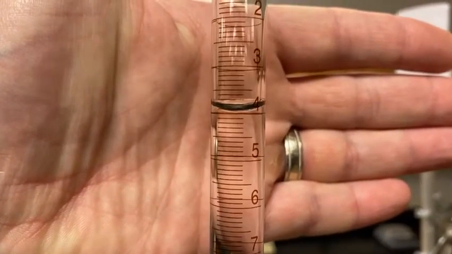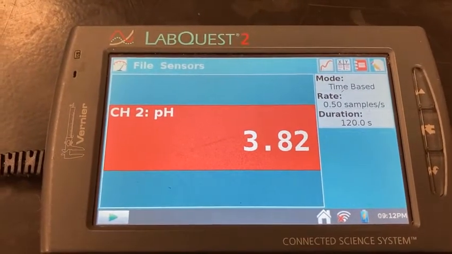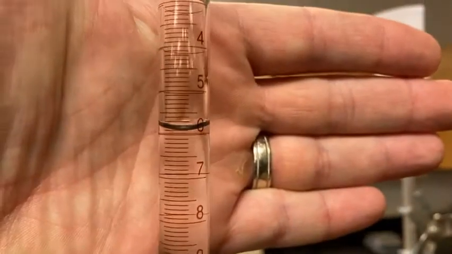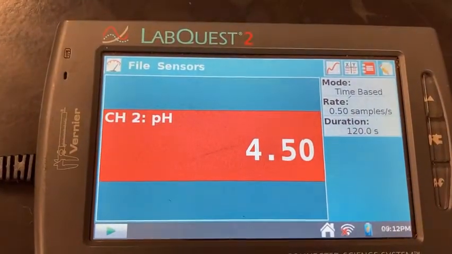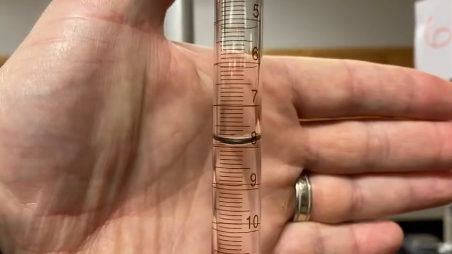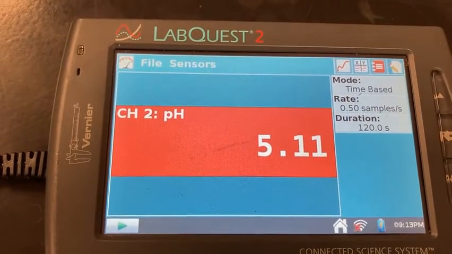There's where we are after the second addition. Our pH. It's right there. There's the volume on the burette. Here's the pH. Here's our next addition. Here's our pH.